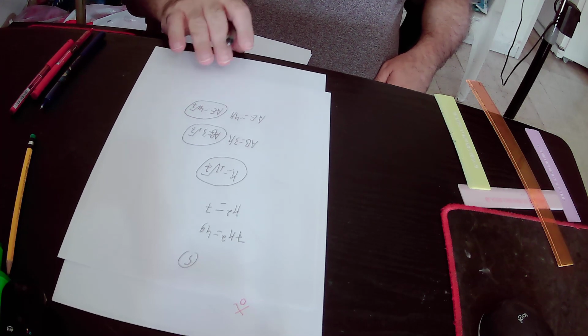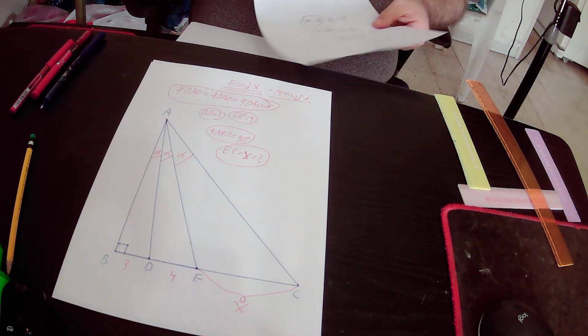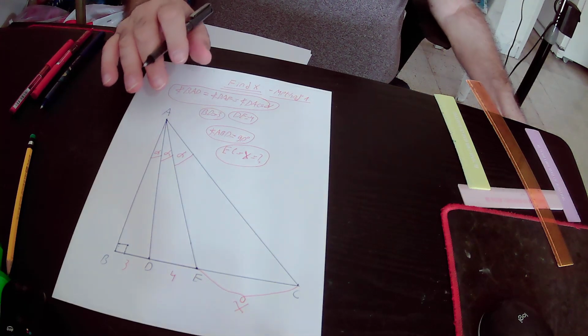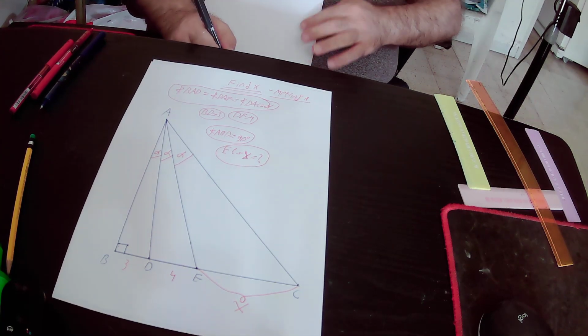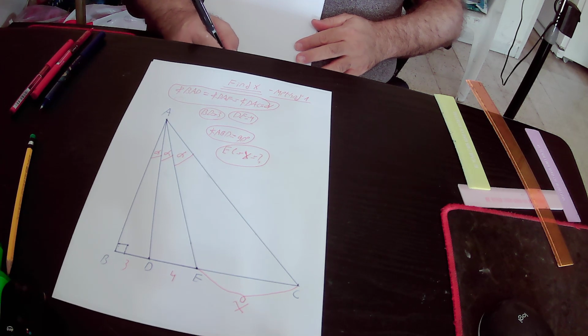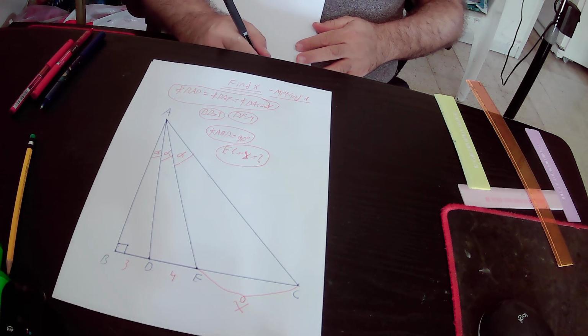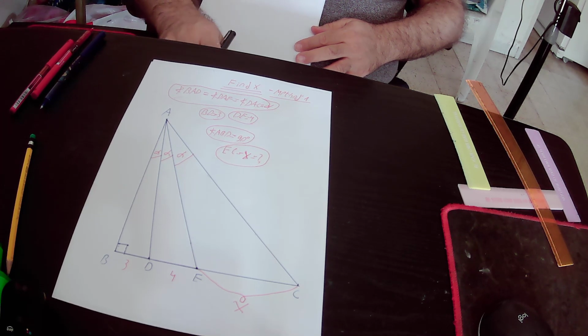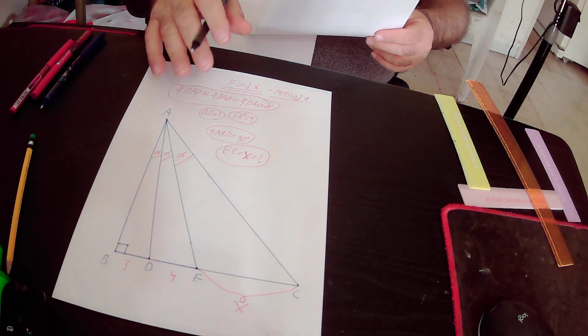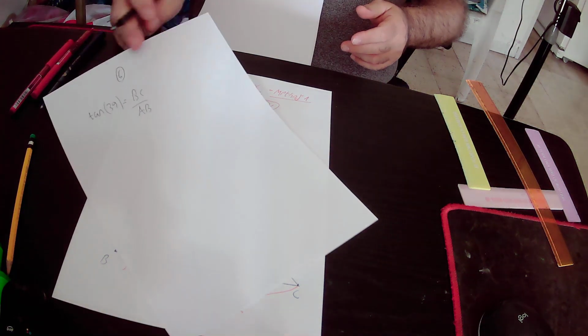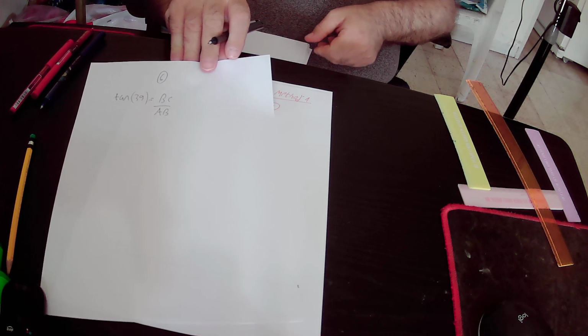Okay, in the next step we will focus on the big right triangle, triangle ABC. We know that in the big right triangle, triangle ABC, tangent 3 alpha equals to BC over AB.